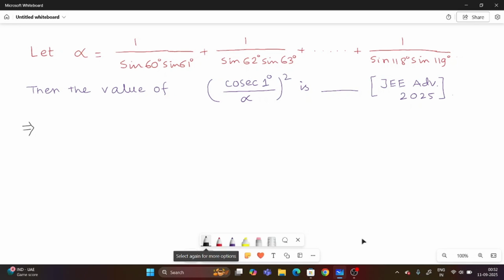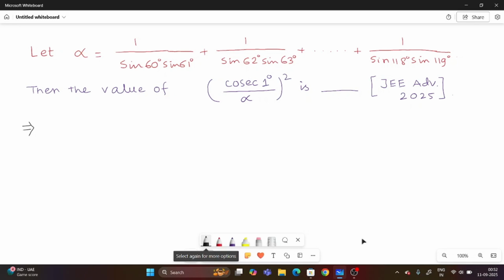To solve this type of question, we have to follow the angles given in the expression. The angles present in the first term are 60 and 61. In the second term, the angles are 62 and 63. And in the last term, the angles are 118 and 119.